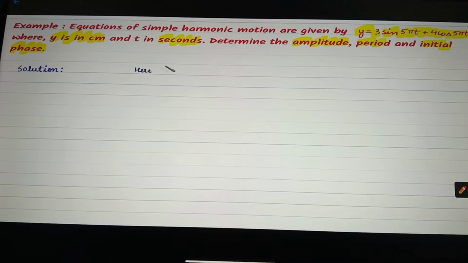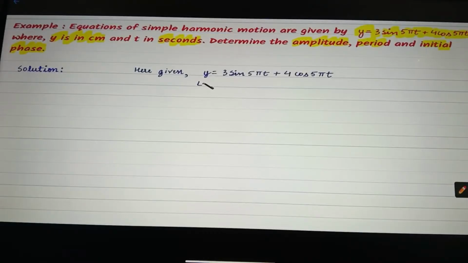So here in this question, the given equation is y is equal to 3 sine 5 pi t plus 4 cos 5 pi t.